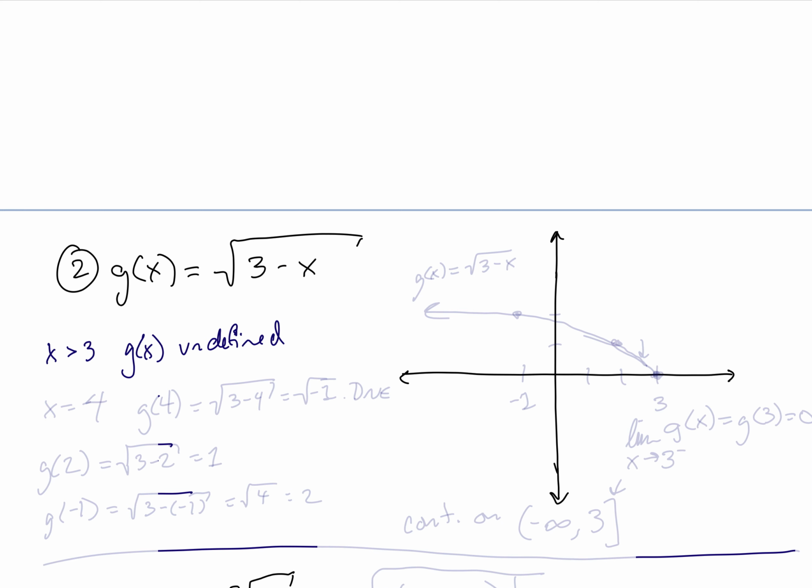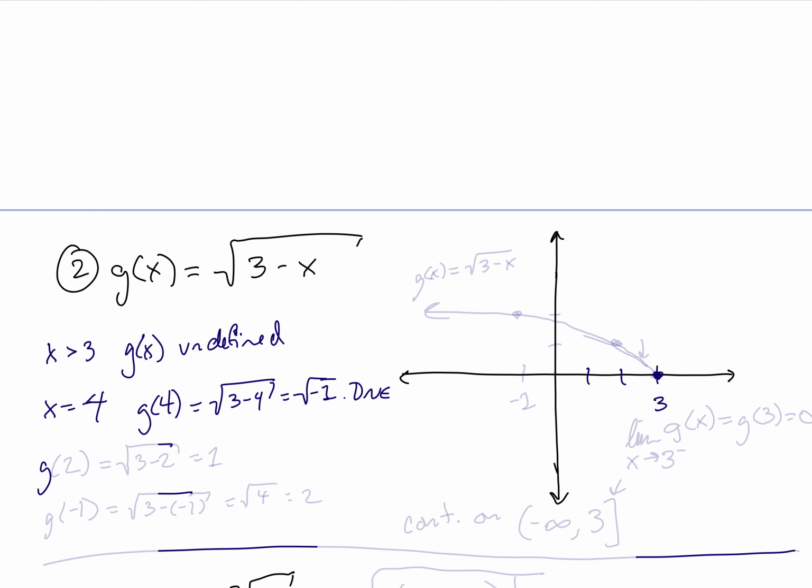Because if x is greater than 3, like say x equals 4, then g of 4 would be square root of 3 minus 4. Square root of negative 1 is undefined, does not exist. So g of 3 is okay. G of 3 has an output of 0.